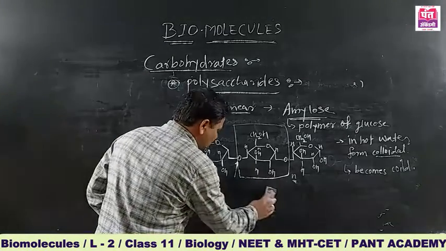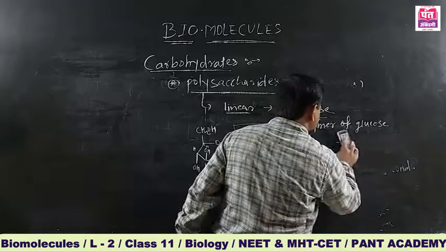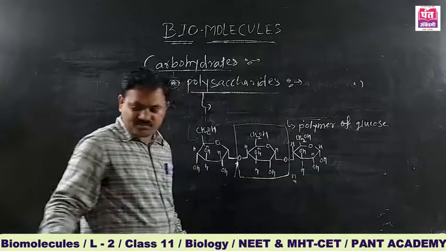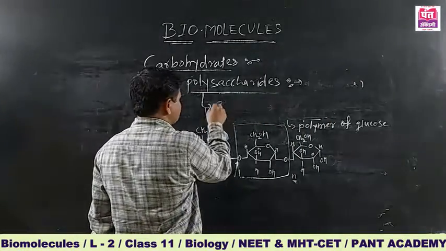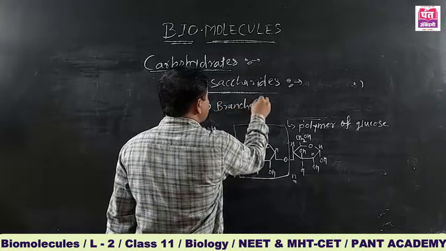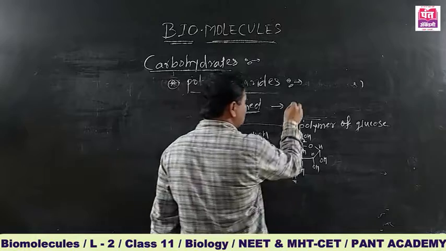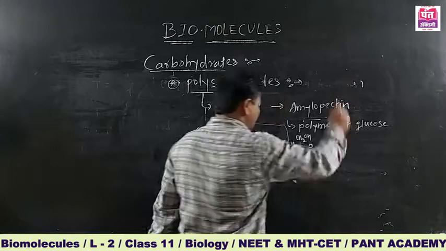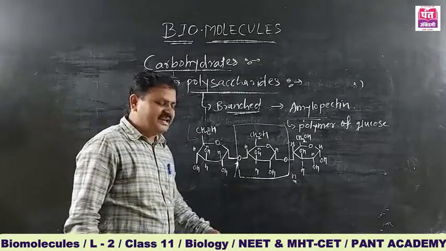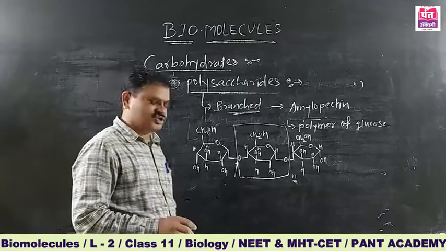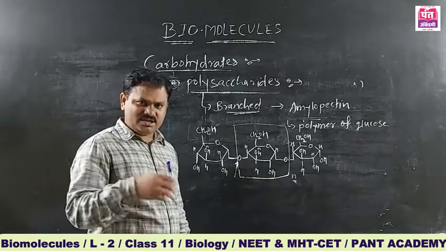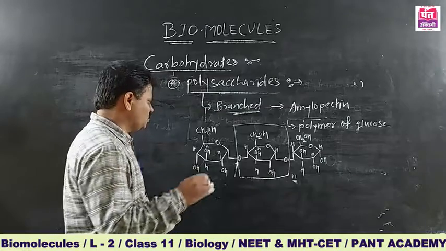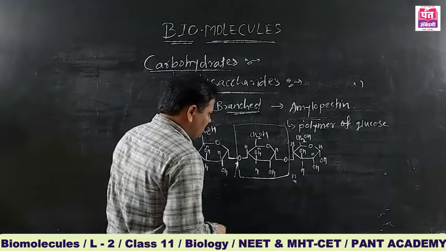When we look at the other type of polymerization, this another kind can be branched polymerization. An example of a branched polymerization is amylopectin. In amylopectin, what happens? There is a branch, and the branching occurs between the first carbon and the sixth carbon.